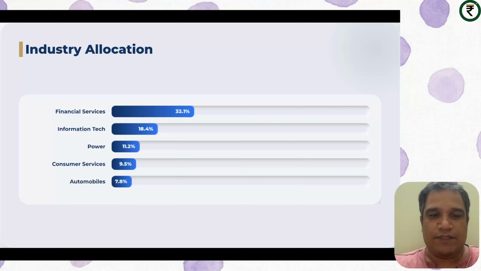This is again because India is going from a lower middle class economy into a middle class economy, right? So a lot of people are buying cars and automobiles, and hence obviously the industry allocation reflects the economy for any mutual fund, and obviously automobile plays a good role in it.